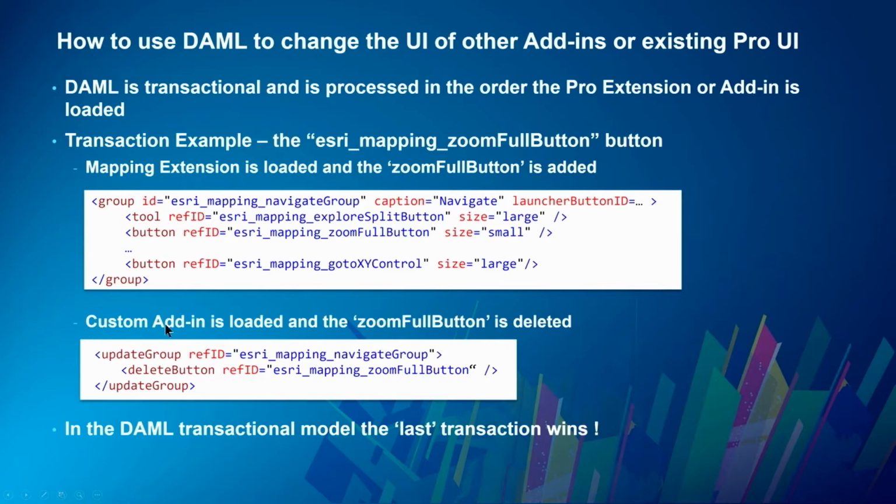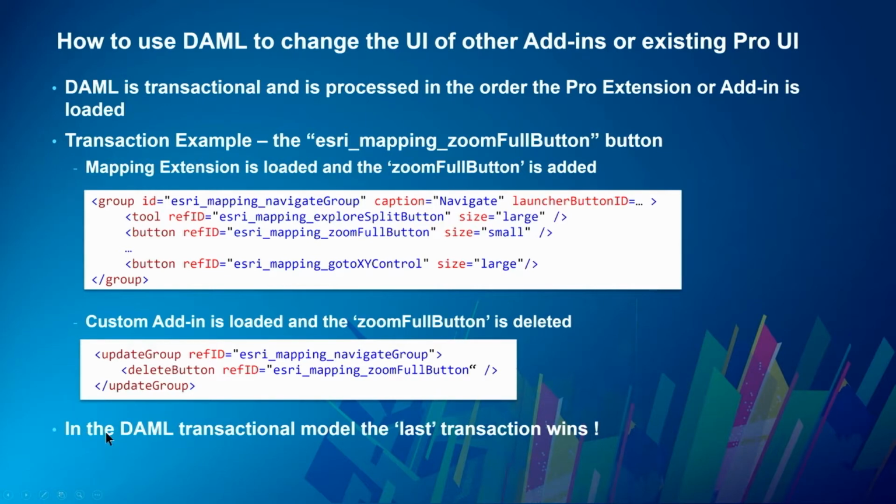Then we load a custom add-in, and now we want to delete that very same zoom to full extent button. So I say in my DAML, I specify update the group. I specify the group of buttons where I want to make my update, and I say delete the button and specify the ID of that specific button.